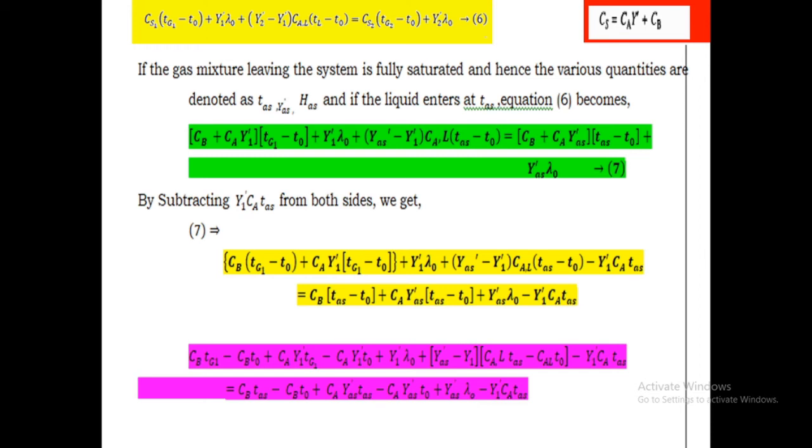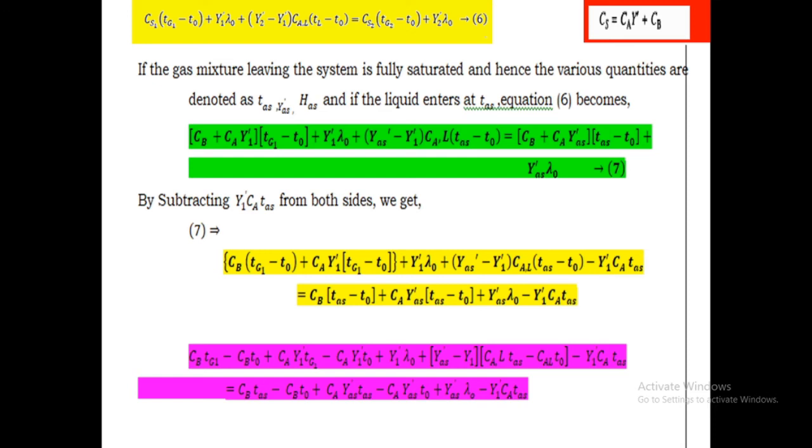So these values are taken from important terminologies used in humidification. You refer to my previous lecture. So from that, what is Ca and Cb? Ca is nothing but specific heat of vapor, Cb is nothing but specific heat of gas, Y dash is nothing but absolute humidity, Cs is equal to humid heat. Are you clear? Okay. Come to the point, equation 6.